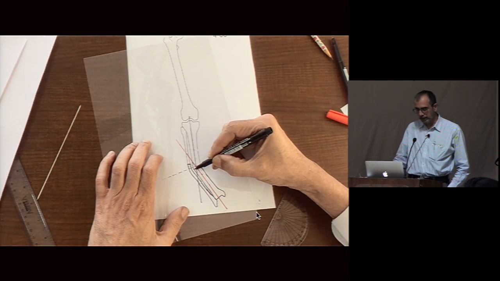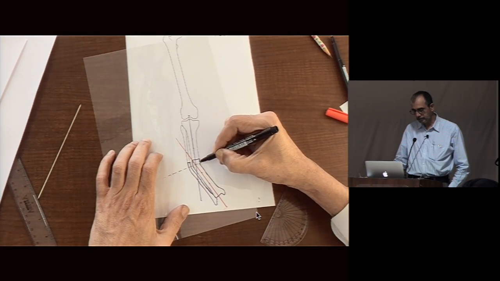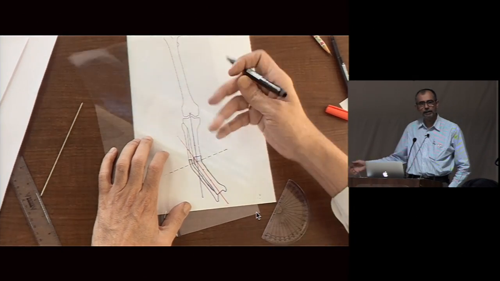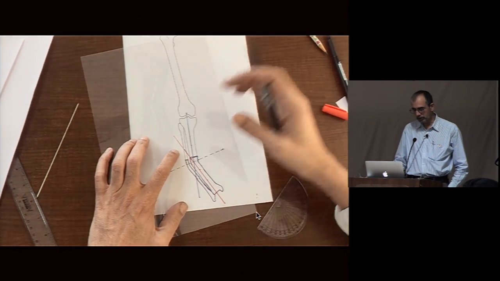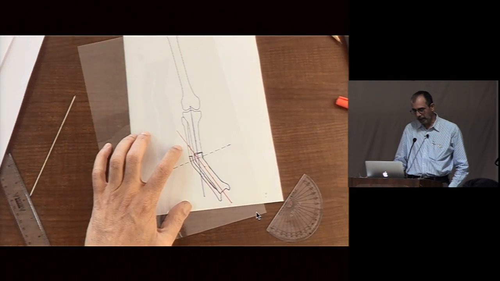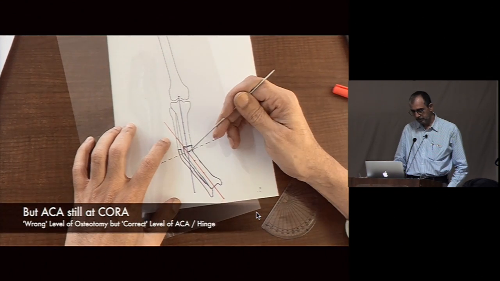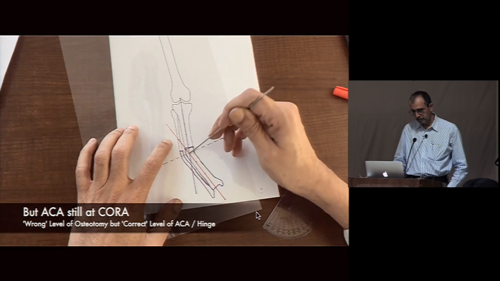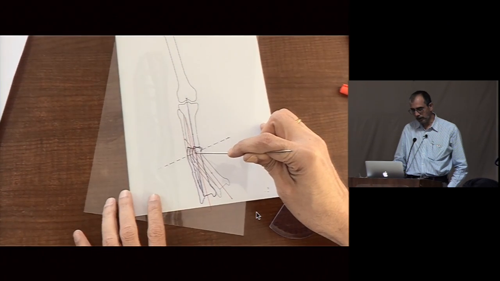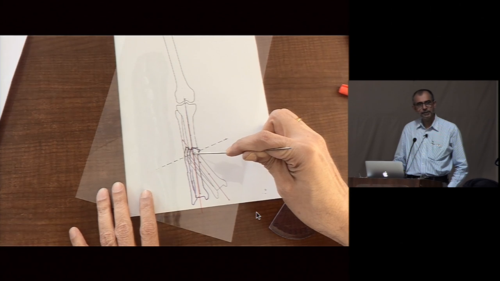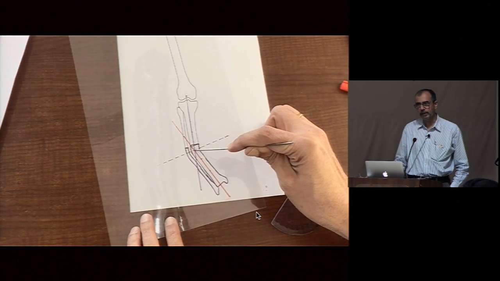Okay. So now suppose we do the osteotomy higher up. This is how you can simulate. The skin is not good over there, you want to do the osteotomy higher up, but if I do it with the hinge still at the CORA, translation will happen, but the axis will still be well aligned.